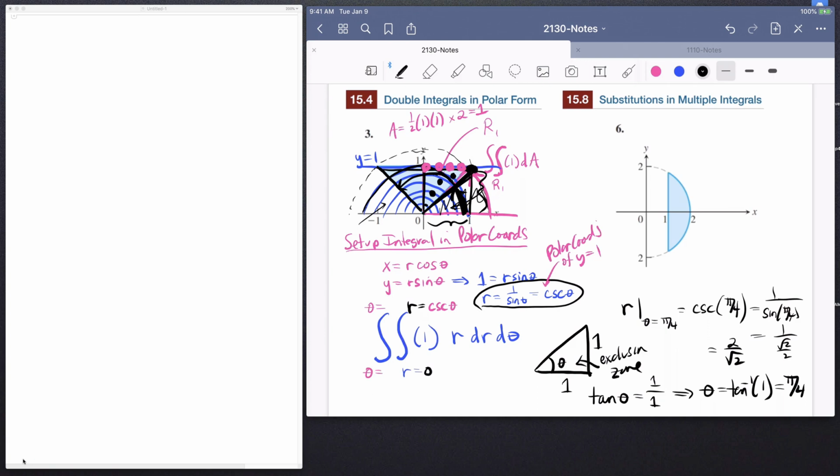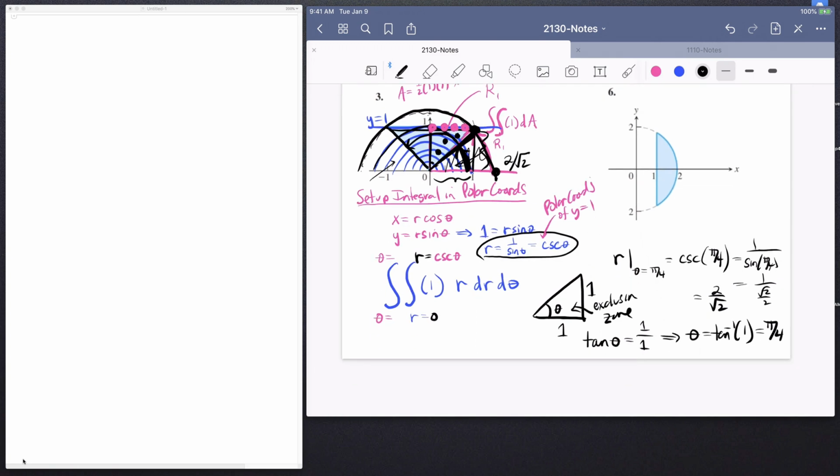So this point right here, when theta is equal to pi over 4, is on a circle of radius 2 divided by the square root of 2.